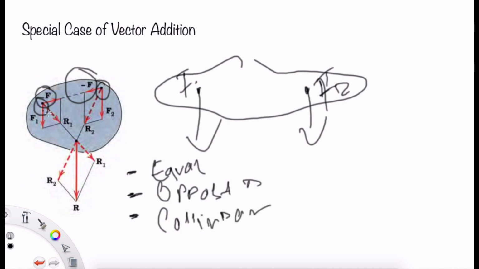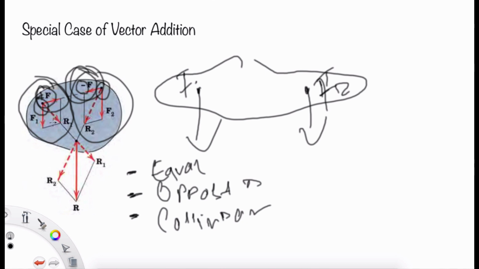In this case, F and minus F are equal, and they are opposite, one positive and one negative, referring to direction, and collinear, along one line of action. After we get this, it comes back to the previous system.